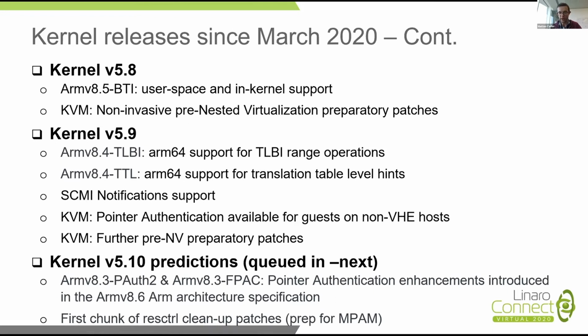Those required an enhancement in the kernel, so support for the fault handler and some changes for the PAC algorithm. And these have been developed, queued, and will appear in 5.10.